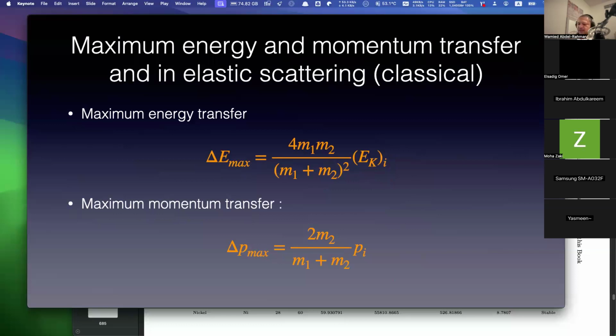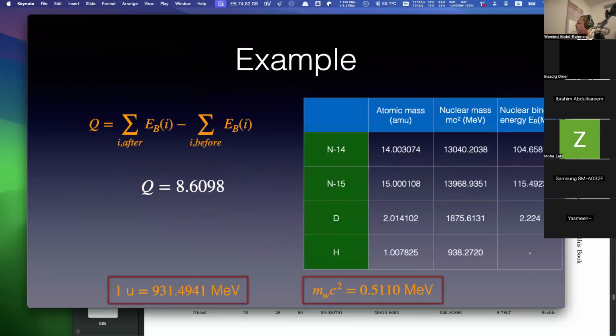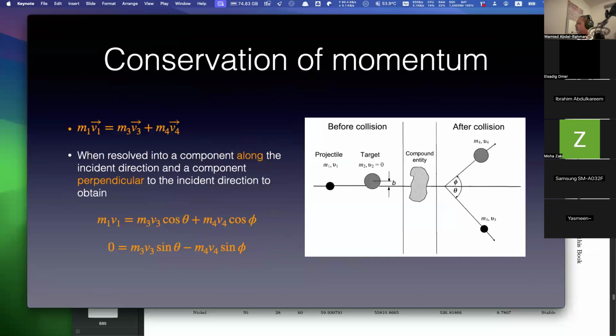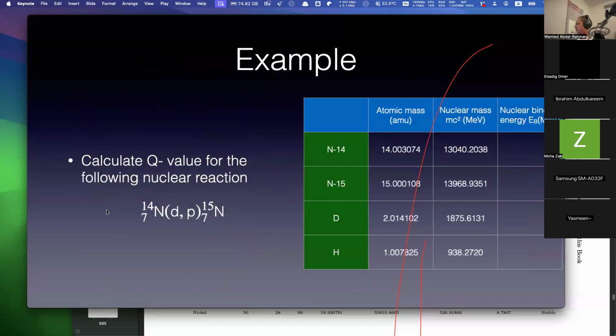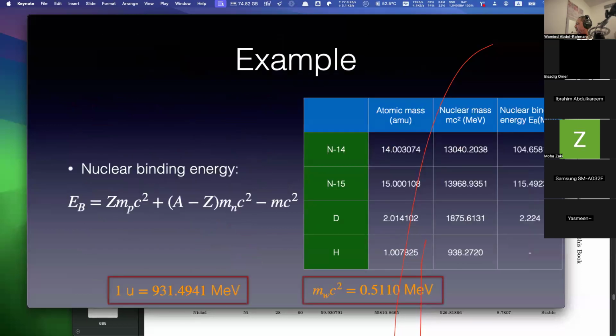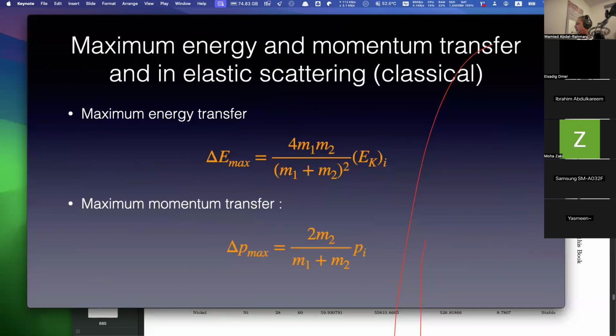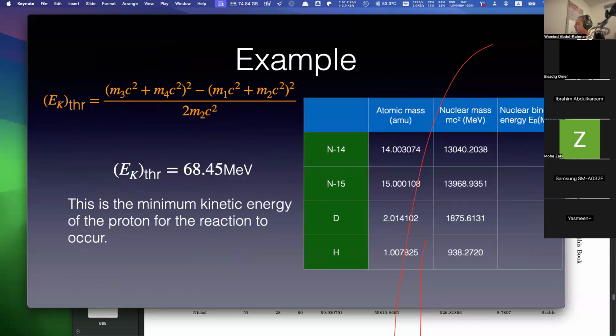So we're going back. What's really interesting for us is not really this. Where is this equation? I thought I had it somewhere.